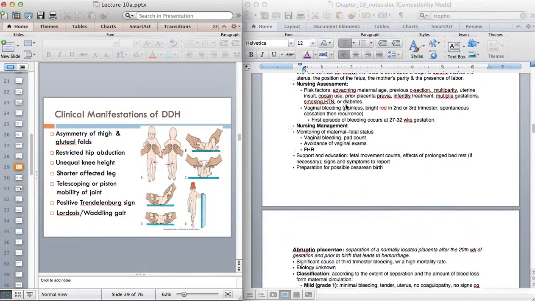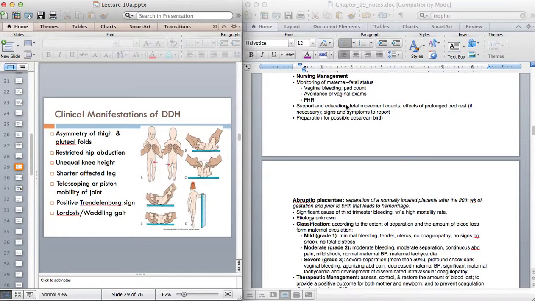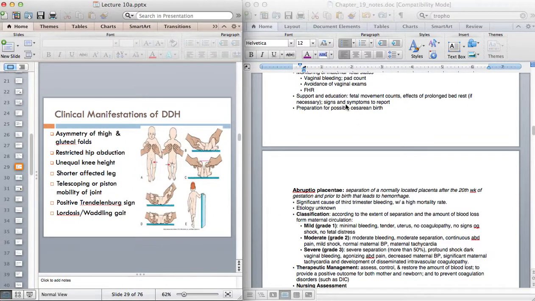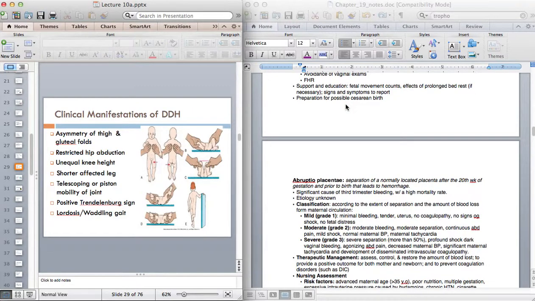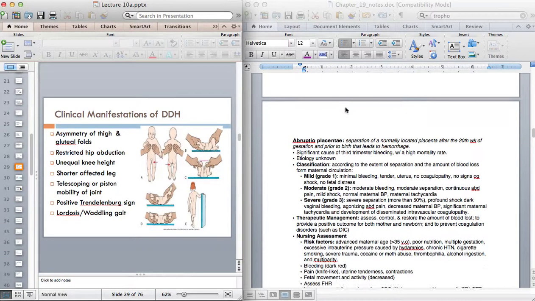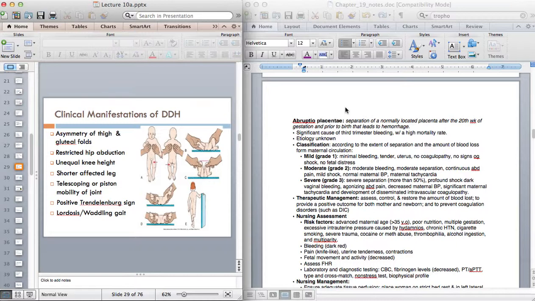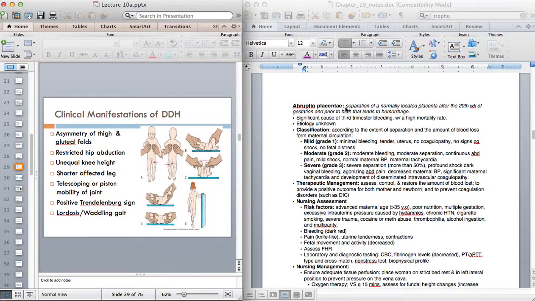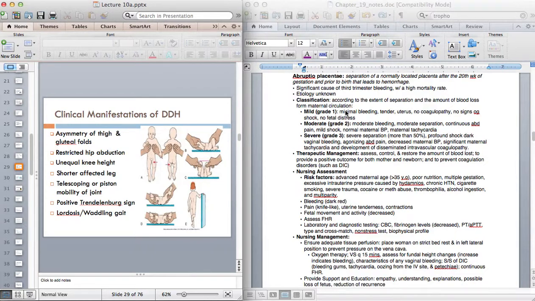Other things that you may notice: we talked about the lumbar spine, where the shape will change from convex to concave. You see that in the child that has hip dislocation, there is marked lordosis, inward curvature of the lumbar spine, and then the waddle as they move around, so that the legs just wobble as they move around, especially with the bilateral one.